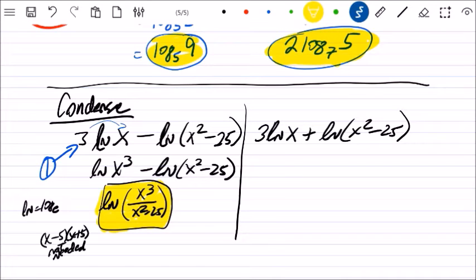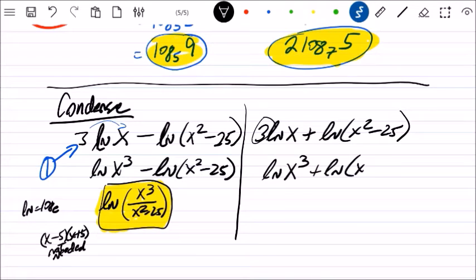Okay, now on the other one, there's a little more to do. The other one, though, is a plus. So instead of dividing, I'll be doing multiplying. So first, we have to rewrite this as natural log of x to the third power, taking care of that, plus natural log of x squared minus 25.